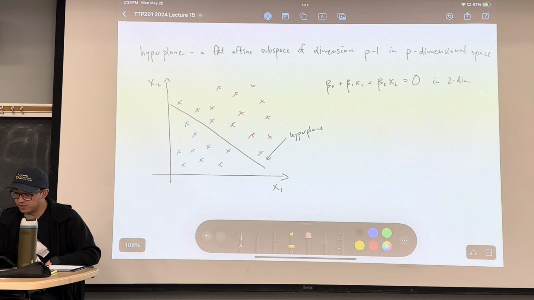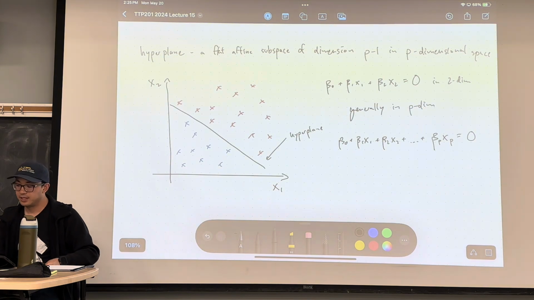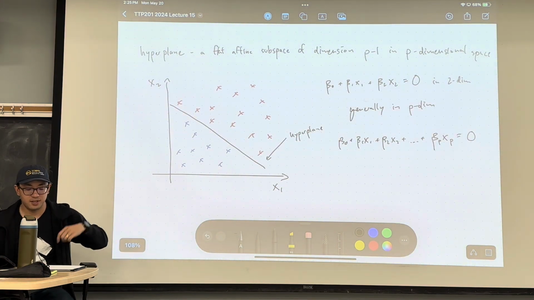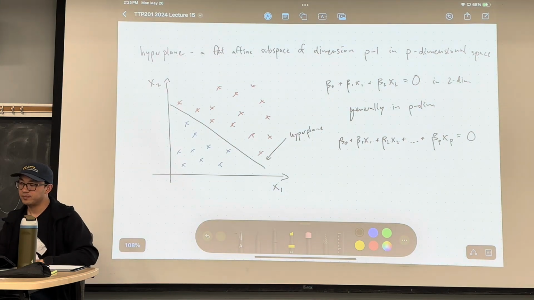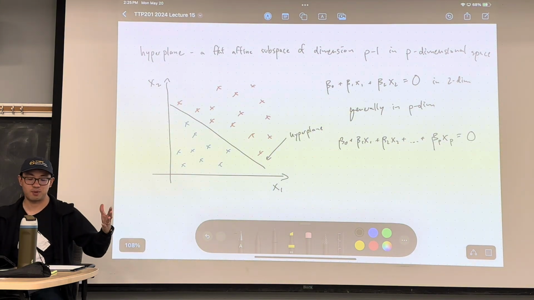And then generally in p dimensions, it could be beta 0 plus beta 1 x1 plus beta 2 x2 plus dot dot dot plus beta p xp equals 0. These are the things that would describe that line. That's the foundation of what we're talking about today.